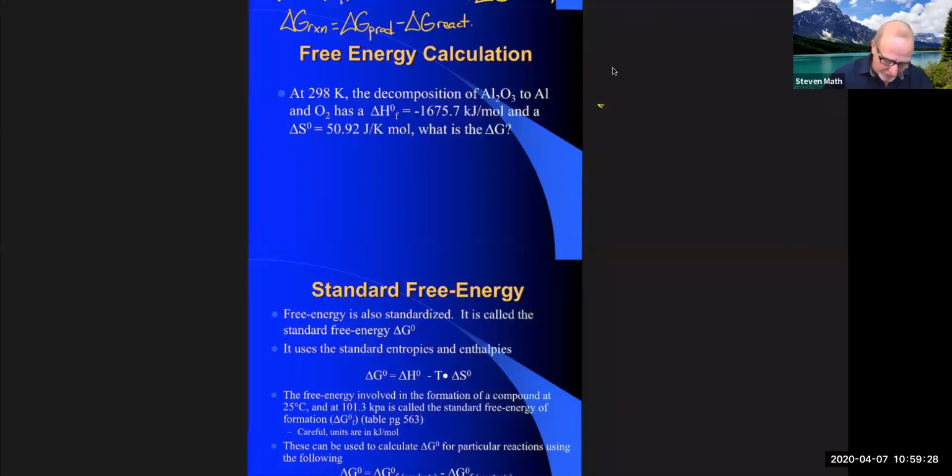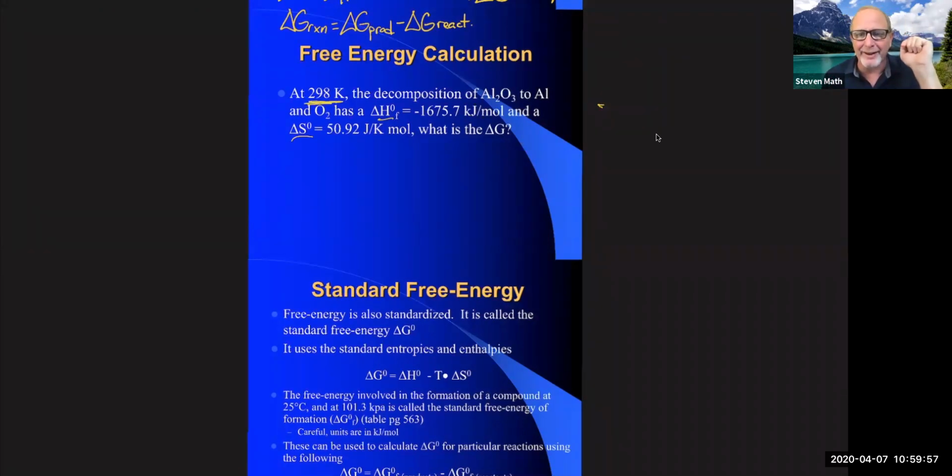So in this problem, they're giving us delta H and delta S. We just have to find delta G. The only thing to be careful of here is to watch your units. In this case, we have delta H in kilojoules per mole, and we have delta S in joules per Kelvin mole. Now that Kelvin is going to work itself out because we've got this 298 up here.